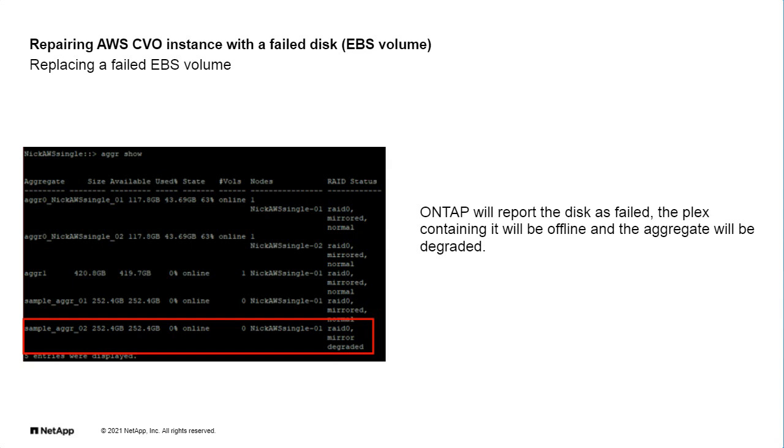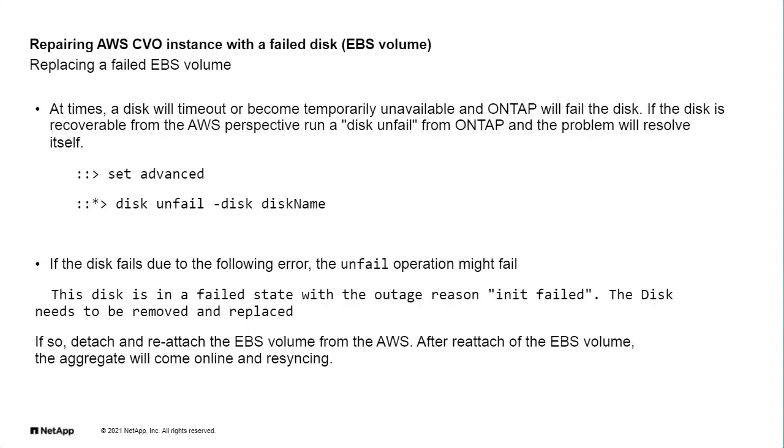So first thing you want to do once you see this is make sure that the disk is actually broken. When you think about it, EBS volumes are network attached storage, so if there's a little hole in the network, a little network bleed, ONTAP will automatically fail the disk. It might not actually be broken.